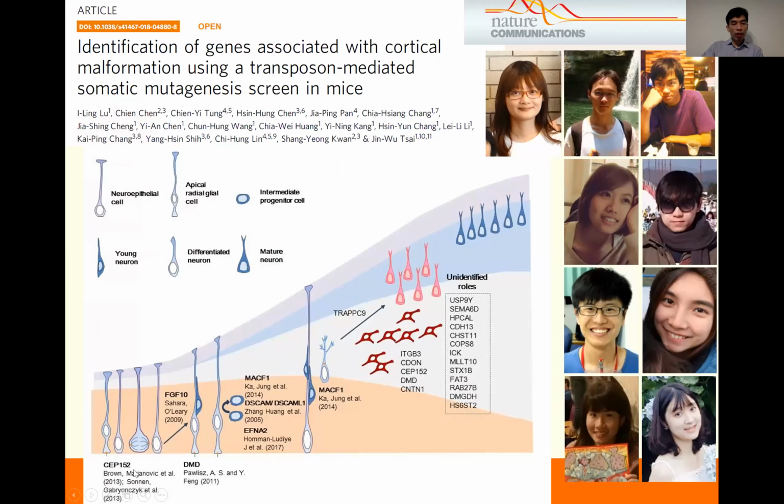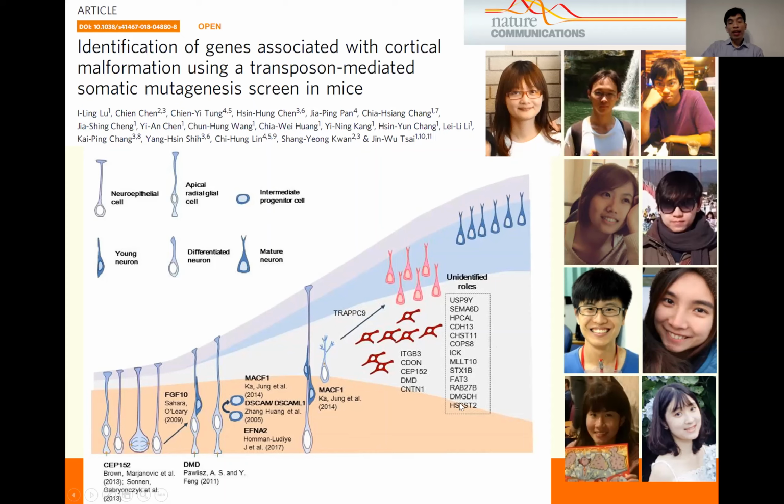To summarize, we identified many genes using a really interesting transposon-based somatic mutagenesis in the mouse. We identify many genes that are potentially involved in this cortical development process. Some of them have been known before, for example this CEP protein, DMD, and MACF1, etc. But we also identify many other genes that have not been implicated in this process.